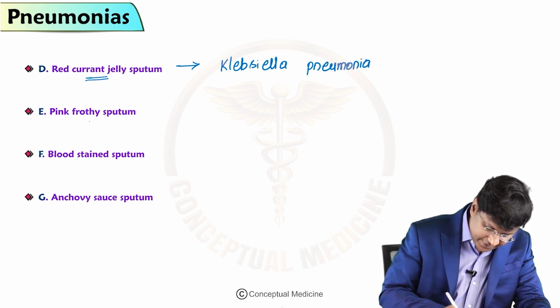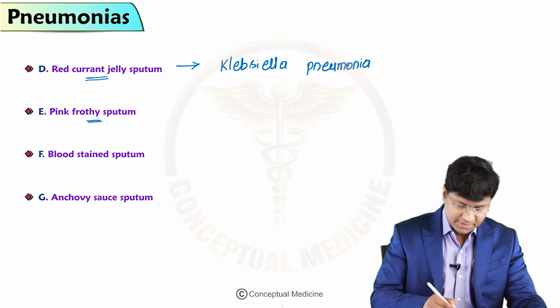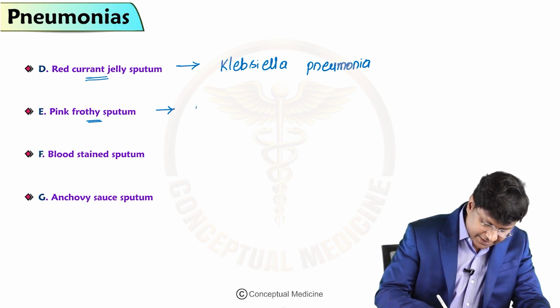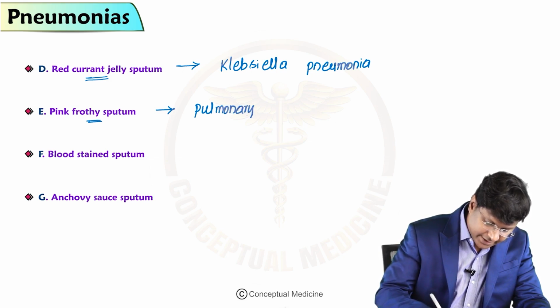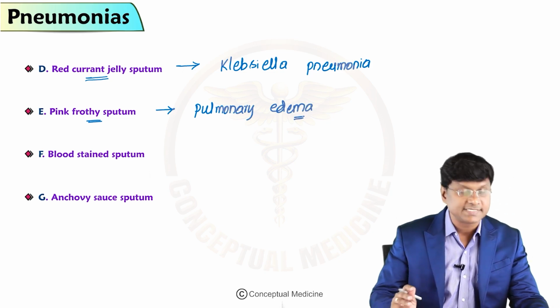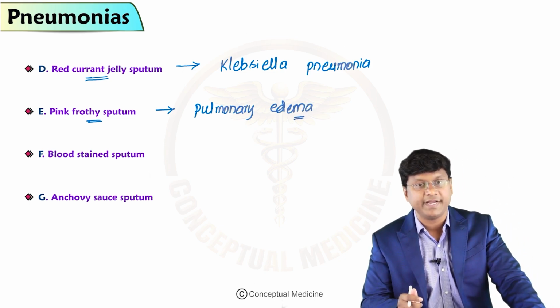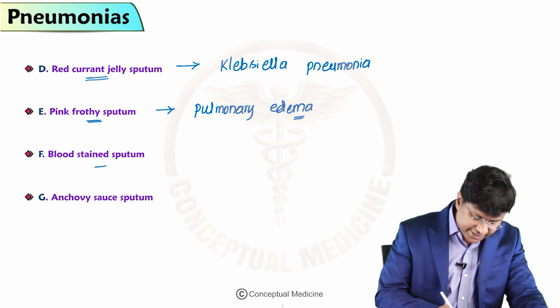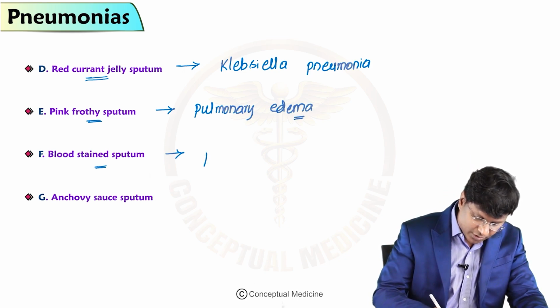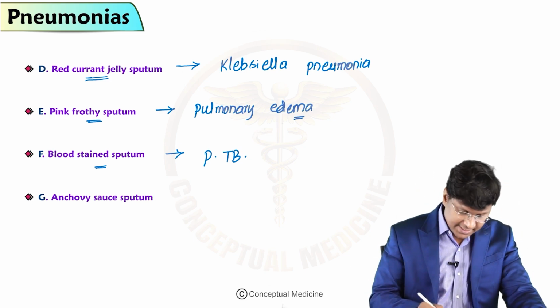Then pink frothy sputum is suggestive of an underlying pulmonary edema. Blood stained sputum is suggestive of pulmonary tuberculosis.